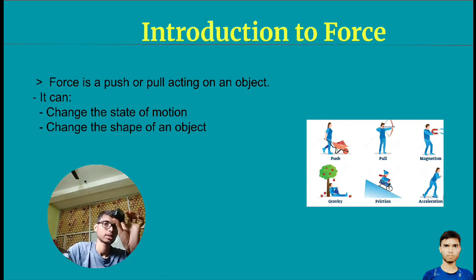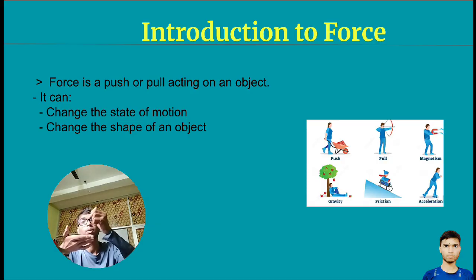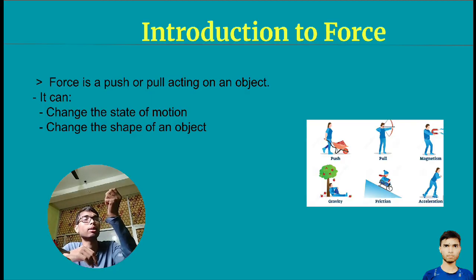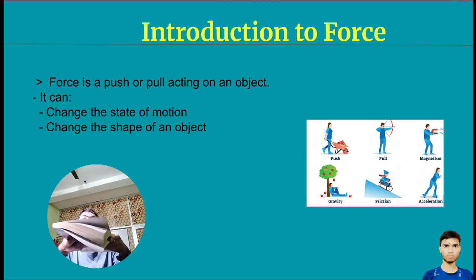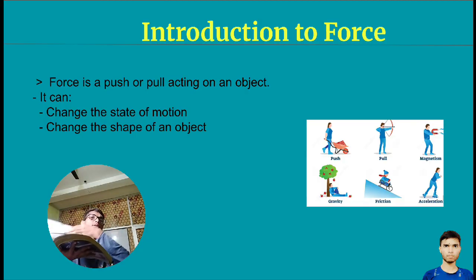Now this was a rigid solid shape. I am applying force. It is not changing its shape when I am applying force. It is still as it was. But what if I take another object, this paper, and I apply force.